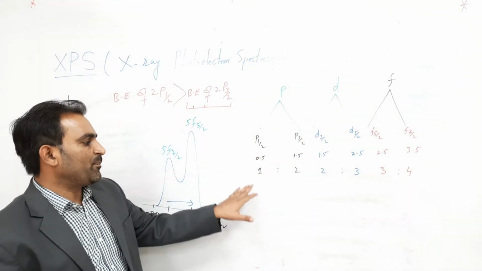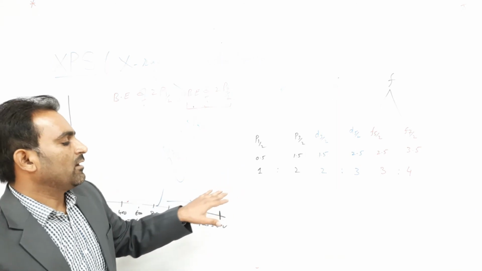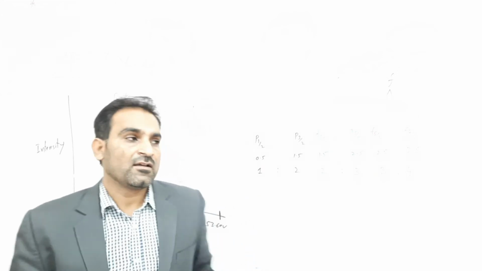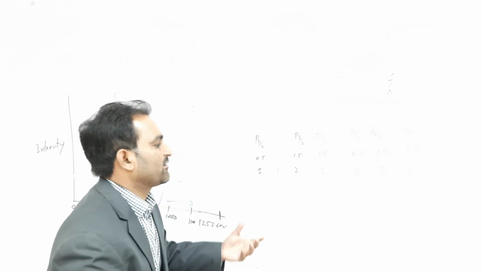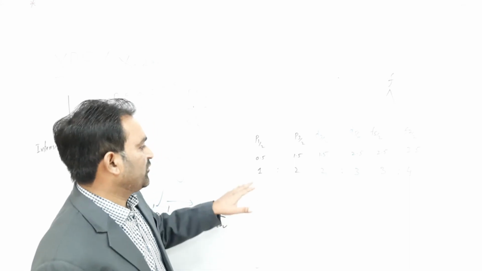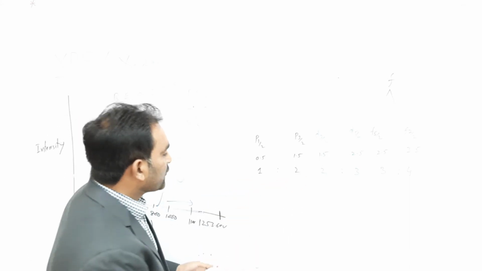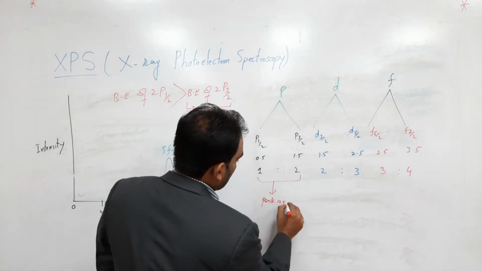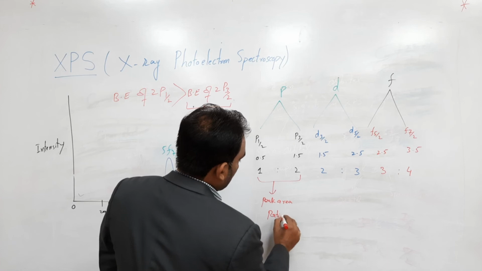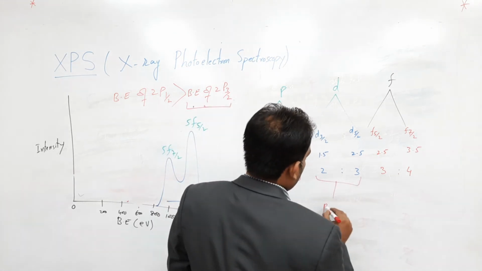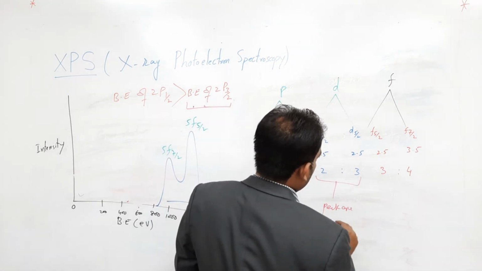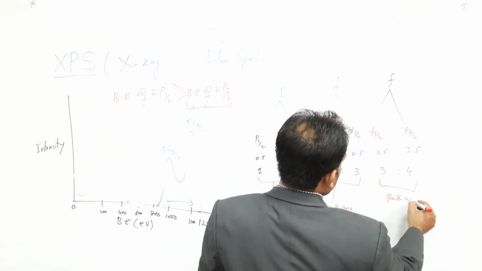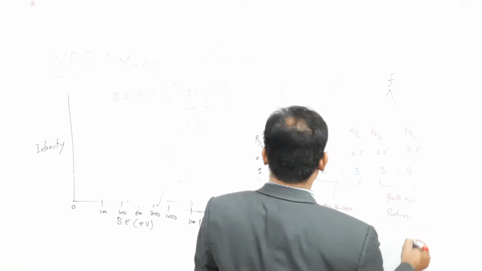So this is actually the peak height, or rather, you must say peak area. That will be the most exact information we get from this. So this is called the peak area ratio.